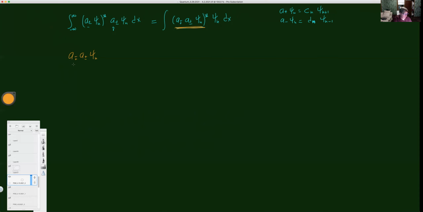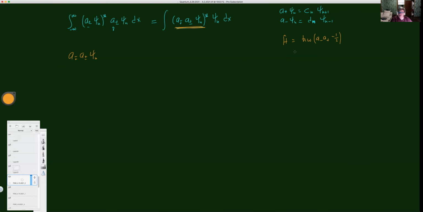So let me go back and write down the Hamiltonian. So we have the Hamiltonian operator, right, in terms of our A plus minus, is h bar omega times A minus A plus minus 1/2, right?